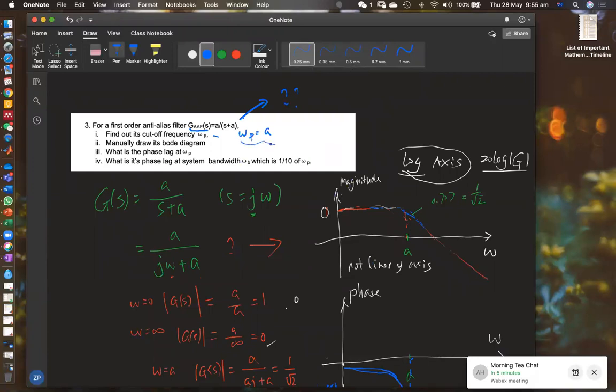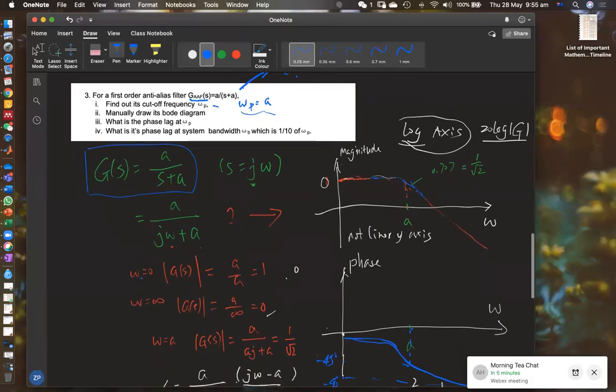Its cutoff frequency is A, right at the corner, and you can see these two A's are the same. The gain of this filter at low frequency or DC is equal to 1. This 0 on the logarithmic axis is actually 1 in real terms.